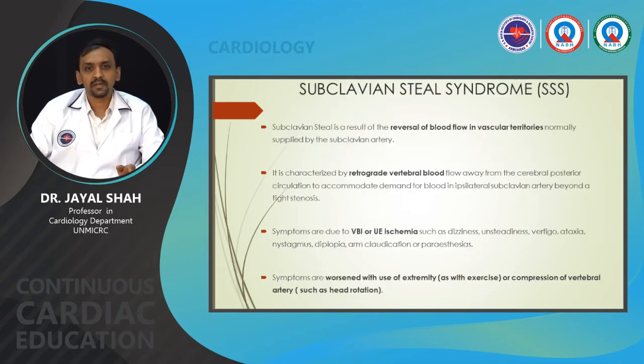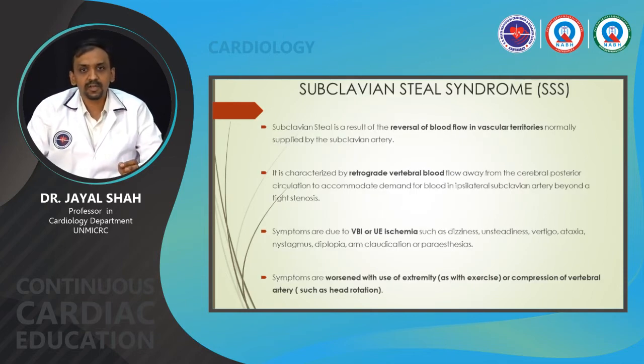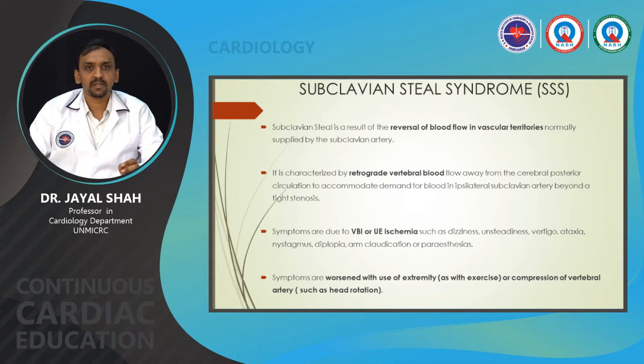Another important disease which we are discussing today is subclavian steal syndrome. It is basically the result of reversal of blood flow in the vascular territory supplied by the subclavian artery. It is characterized by retrograde vertebral flow away from the cerebral circulation, and symptoms are directly due to vertebrobasilar insufficiency or upper extremity ischemia, and they are worsened with the use of the extremity or with compression of the vertebral artery, such as head rotation.